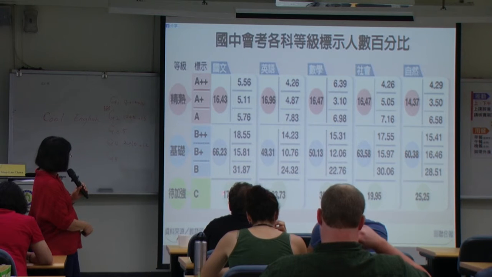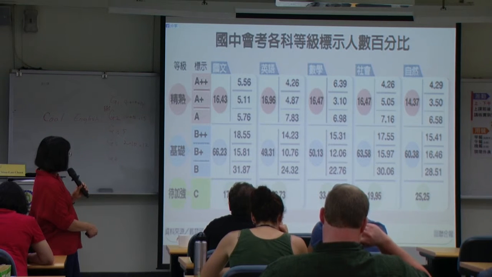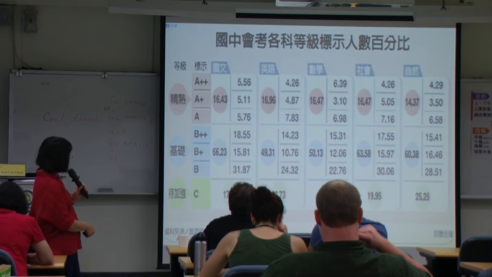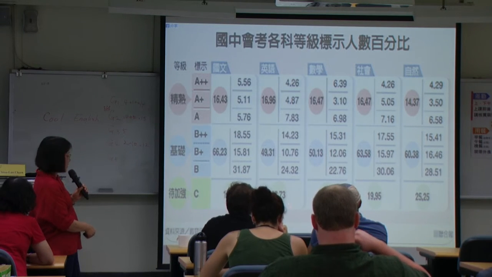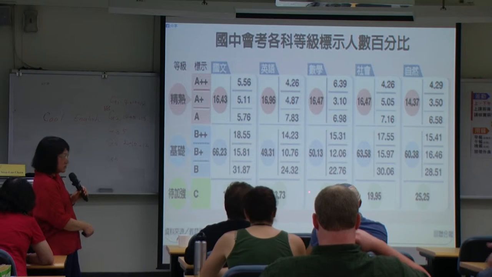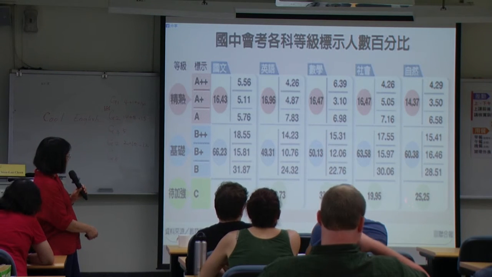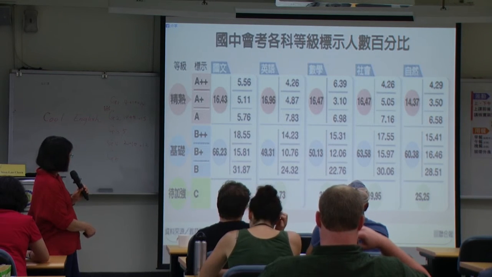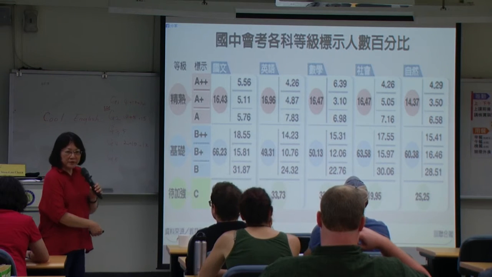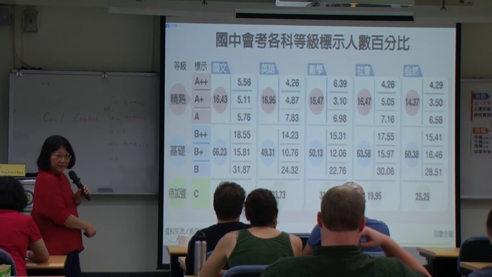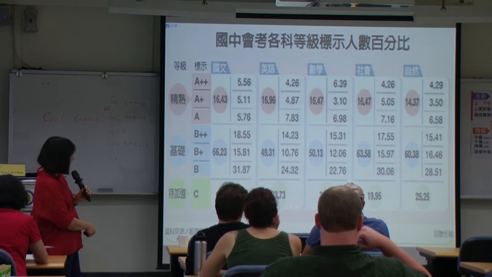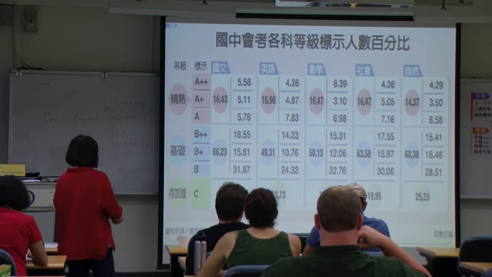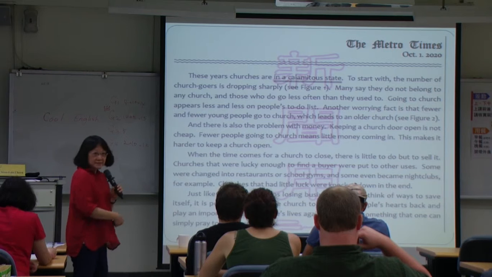For Chinese, 17%. For social science, 19%. So this is math, this is English. Math and English, 1/3 of the students need remedial instruction. This is natural science. So that is a serious problem. That's why we have a special remedial program for English and math to help these people who are really falling behind. And this is the test.